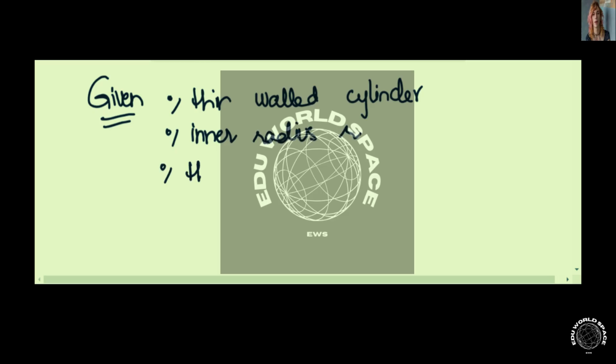And its thickness is t, right? And that is subjected to pressure p. Now it says that the material constants are E and epsilon.